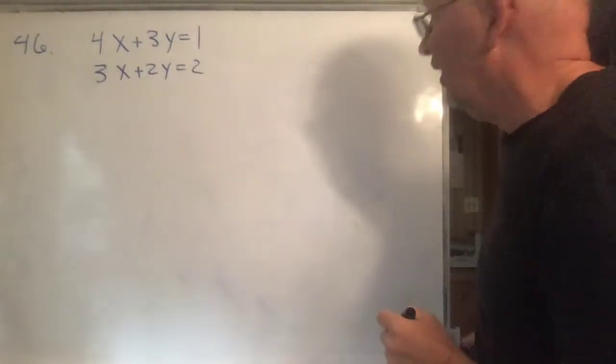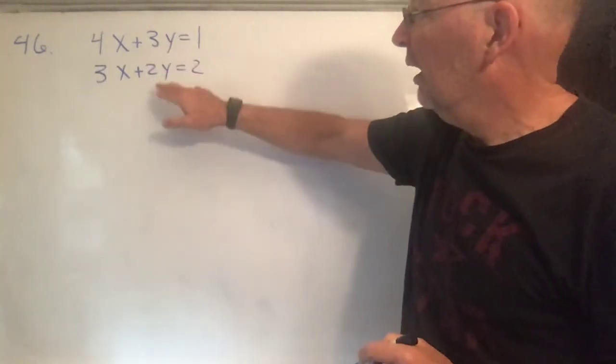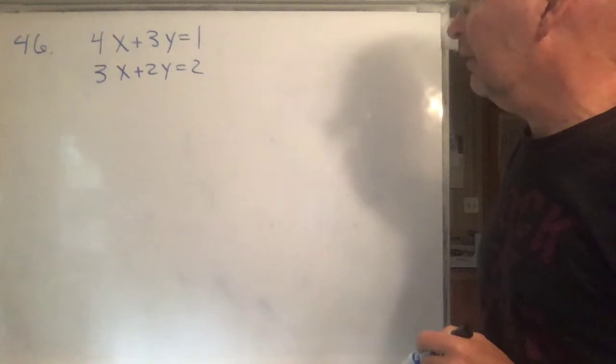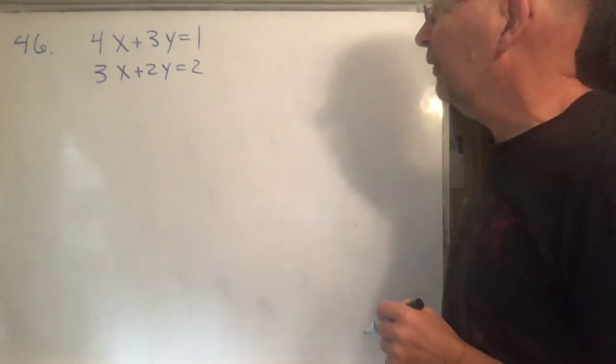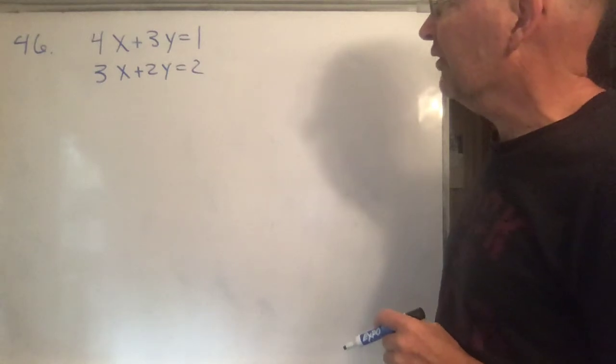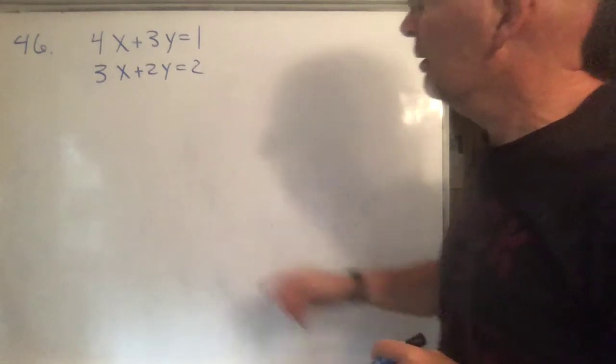As I say, we could solve this one for y, solve this one for y, and then set them equal to each other. That would work. That's the way we did the previous one.